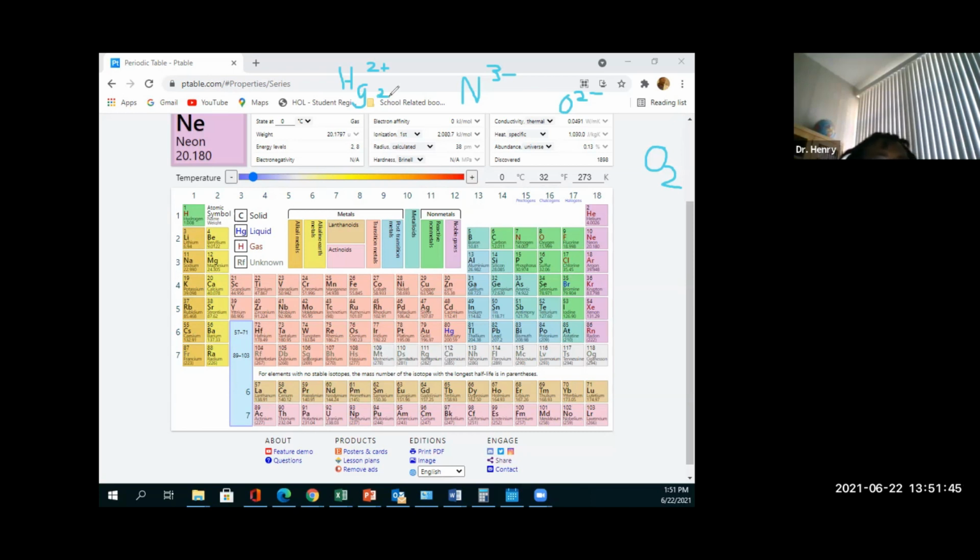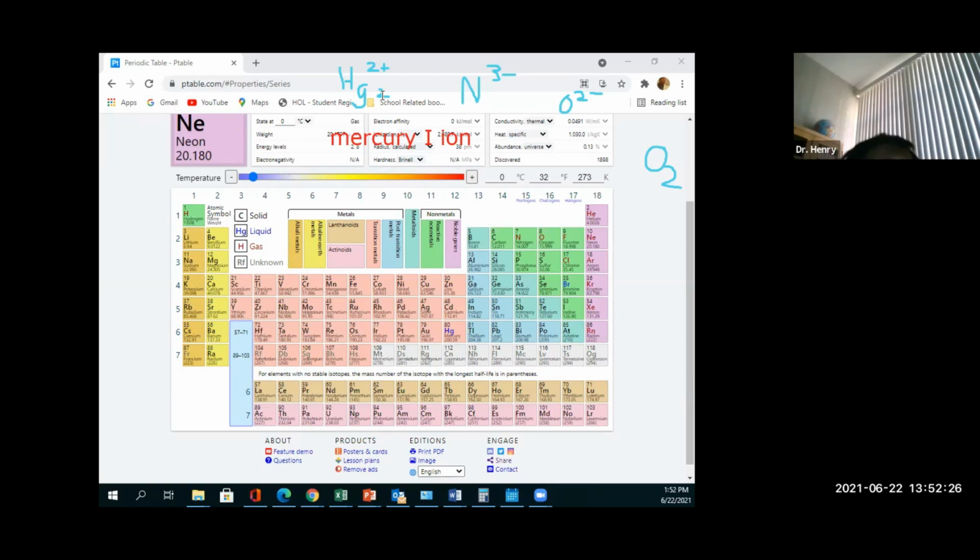Okay, it's called mercury 1 because the charge on it is 1+ on each of the mercuries. Okay, so the mercury 1 ion, do you guys see it up here? Hg, it's 2+, and there's 2 of them. It's a diatomic ion. Okay, it is the only diatomic ion that exists, that I know of at least.